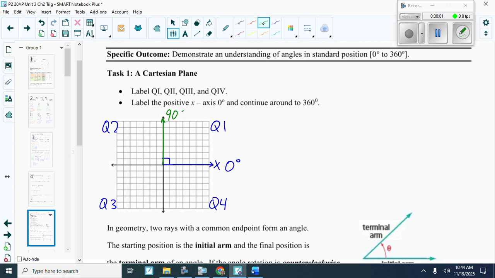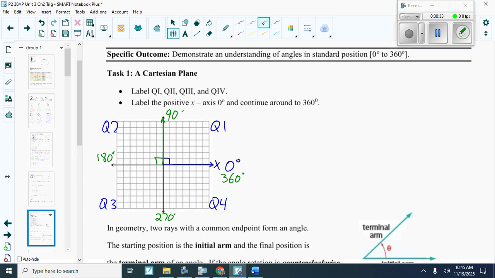And if I add another 90 degrees, so now I'm over here, then we're going to be at 180. If I add another 90 degrees, 270, and if I add another 90 degrees, 360. So you need to know that 0 and 360, we're talking about the same spot. 360 just means we've come all the way around to the very beginning again.